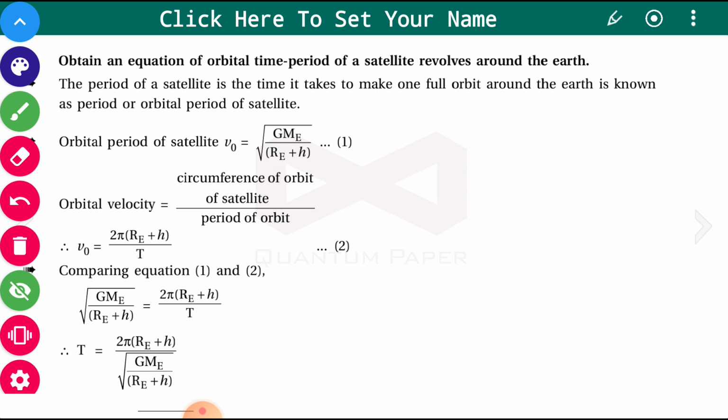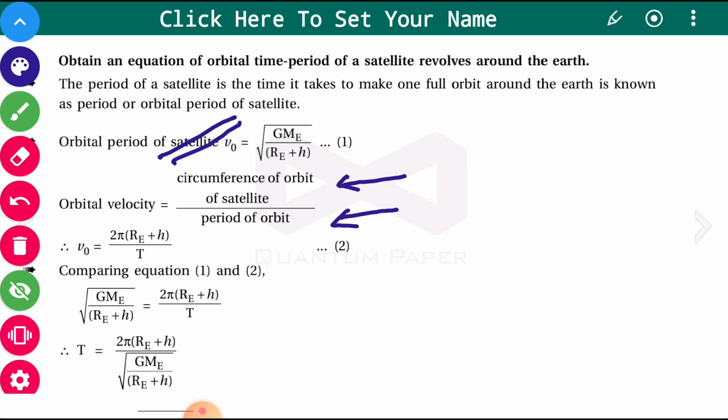So the orbital velocity is given by the square root of GMe upon (Re plus h), where h is the height of the satellite from the surface of the earth and Re is the radius of the earth. Now this orbital velocity is nothing but the circumference of the orbit of the satellite divided by the time period.